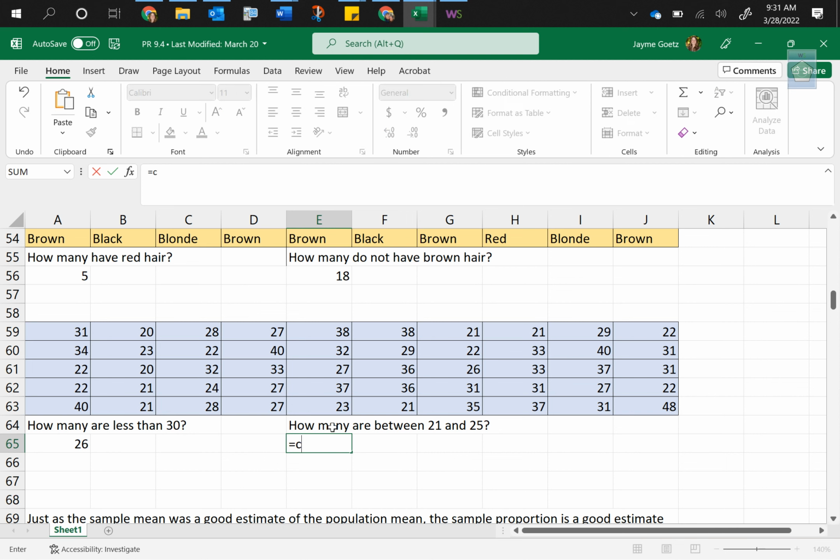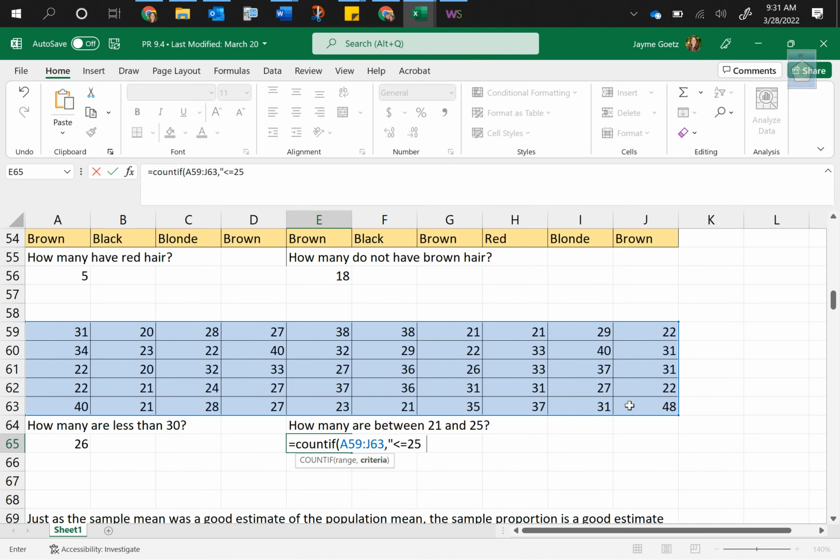Equals, COUNTIF, highlight my range, and my criteria is going to be less than, equal, 25. That's how you type less than or equal to. Less than, equal, 25.